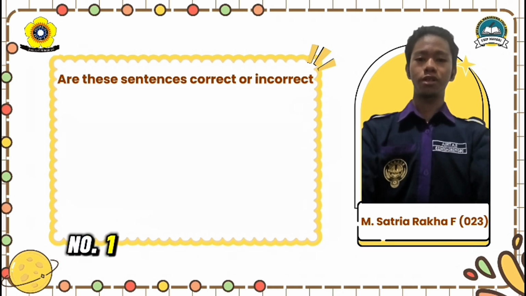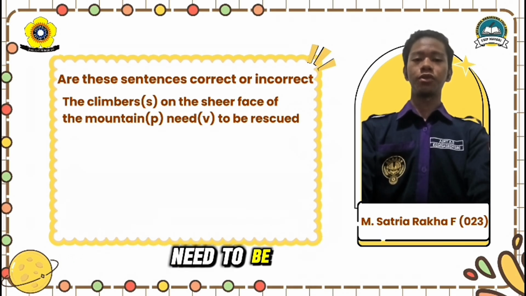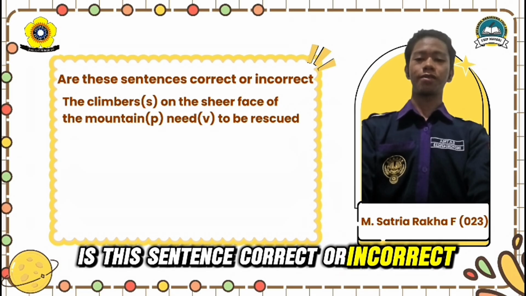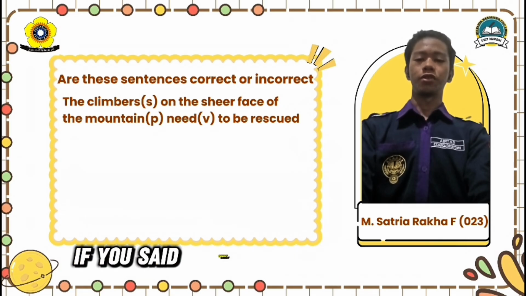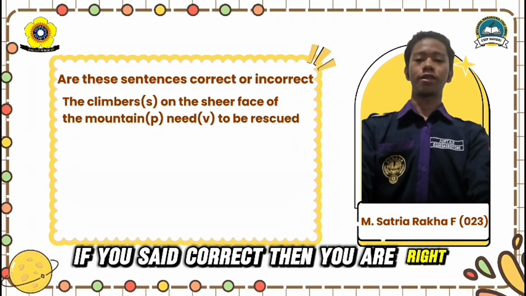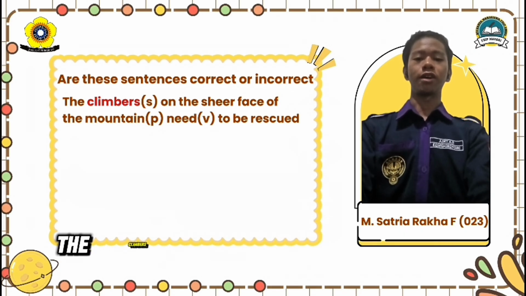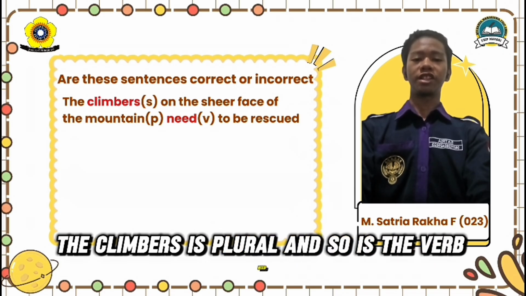Number 1. The climbers on the sheer face of the mountain need to be rescued. Is this sentence correct or incorrect? If you said correct, then you are right. The sentence is correct because the subject, the climbers, is plural, and so is the verb, need.